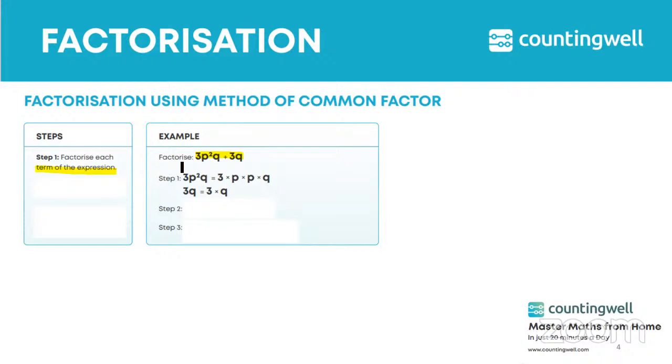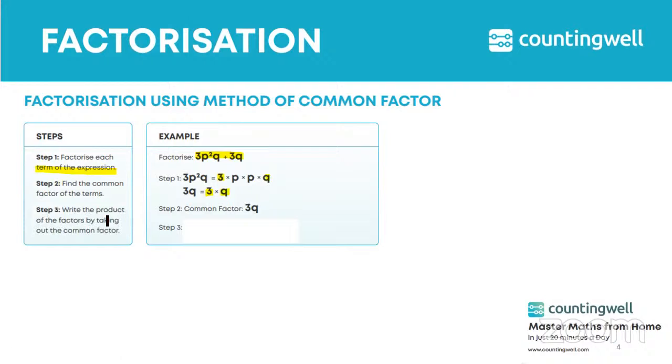The first term is 3p square q, which is 3 times p into p into q, whereas 3q is 3 times q. Let us see the next step. Here we are going to find the common factor of the terms. You can see the common factors for both the terms are 3 and q. So 3q is the common factor.